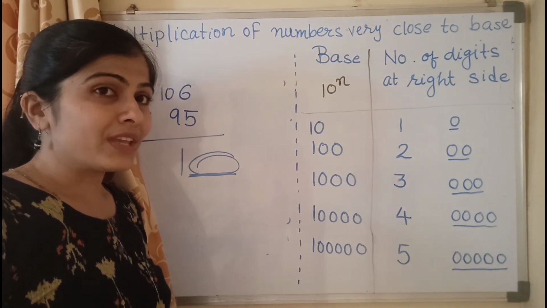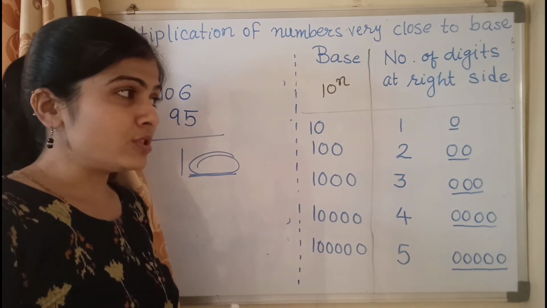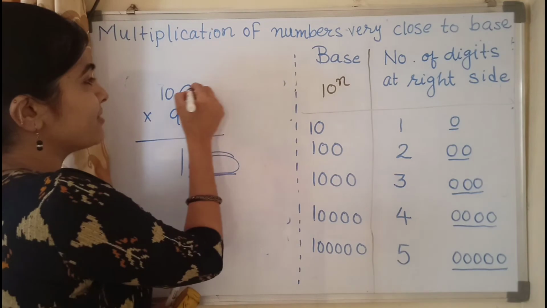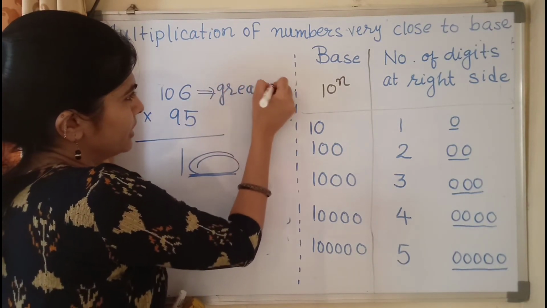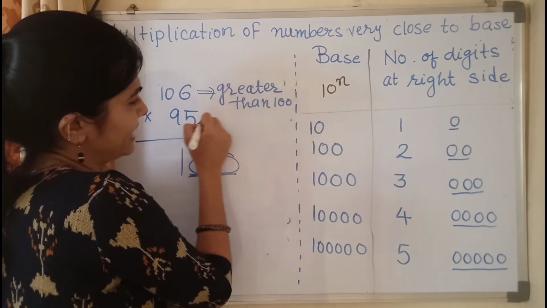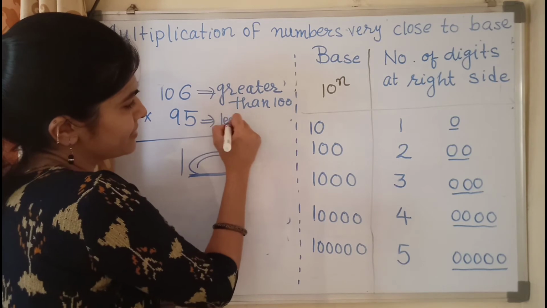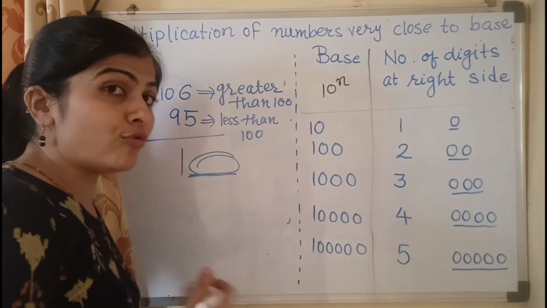Here we are going to consider different cases, because you have seen that this 106 is greater than 100, right? And 95 is less than 100. So what to do?